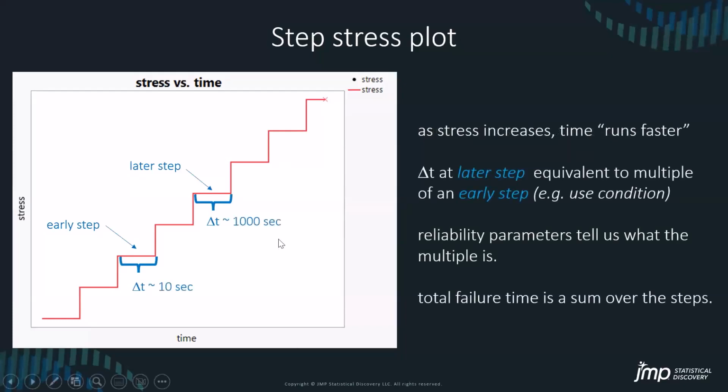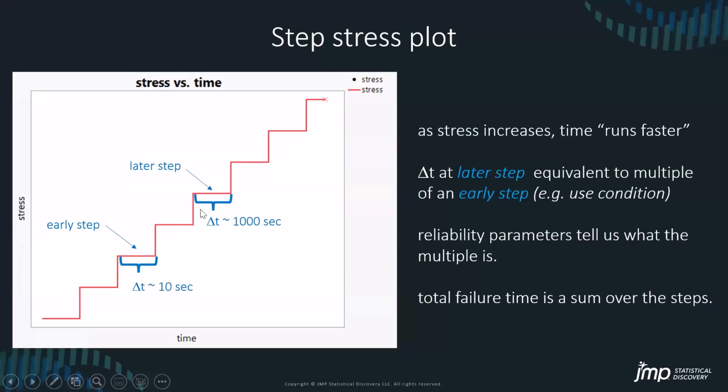So at a later step, if this is only 10 seconds, let's pretend for a second this is the actual use stress at some early step, the delta t is 10 seconds. If I go to a higher stress, it's as if I ran it for 1,000 seconds at the use stress. Right?